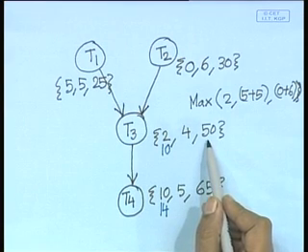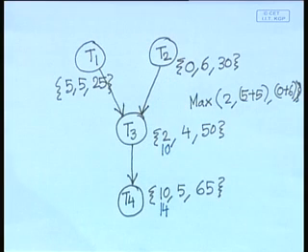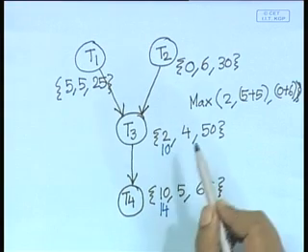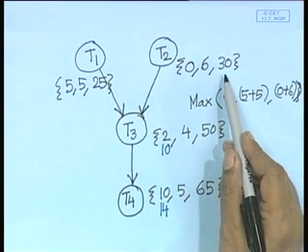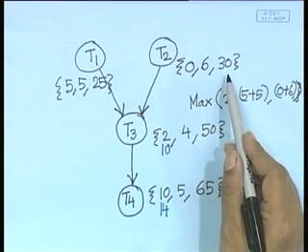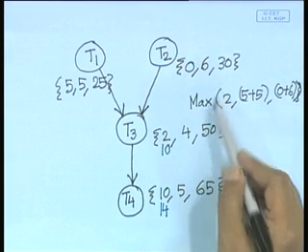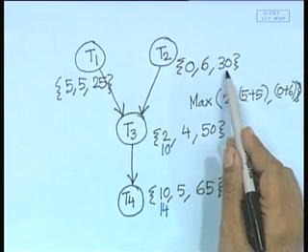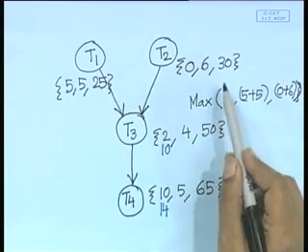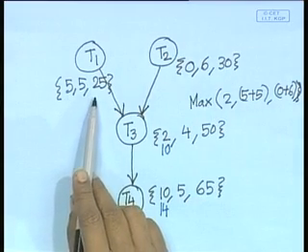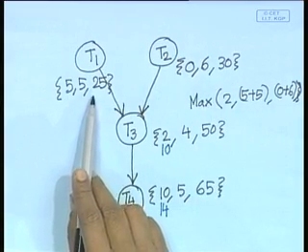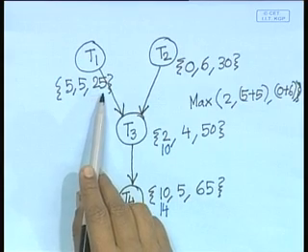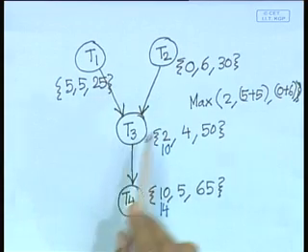But what about T2? Do we need to change its deadline? So, again there is no change because this is 30, 50 minus 4 is 46, minimum of 30 and 46, which is 30. Do not need to change its deadline. What about this one? This also we do not need to change the deadline, which will be minimum of 25 and 46, right. So, deadlines need not be changed.